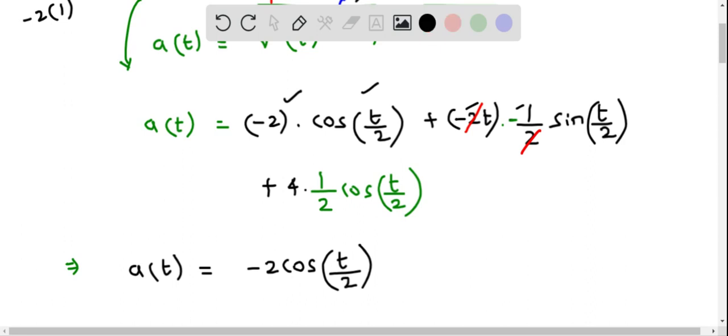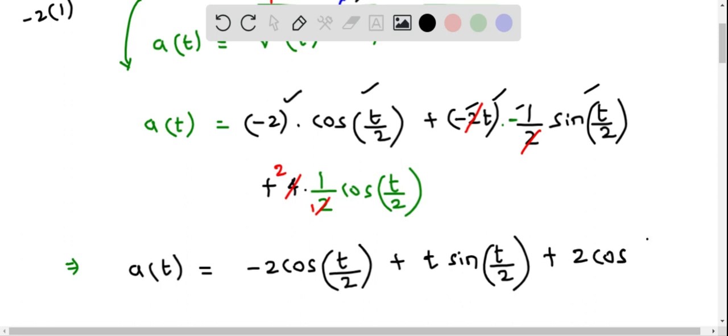So it is positive t times sine of t by 2. So I put t times sine t by 2. And for the next term, we have 4 here. This can be cancelled with the 2, so this is 2 times cos t by 2, 2 cos t by 2.